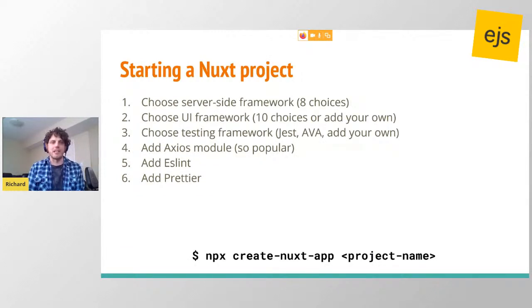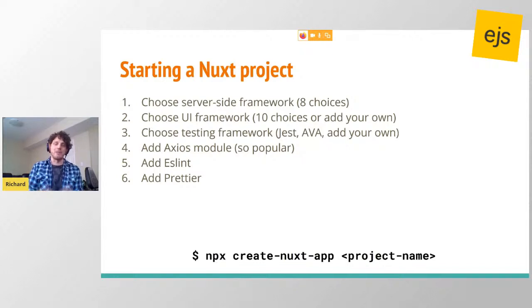Just as an introduction, it felt wrong to not talk about what it's like to start a Nuxt project. So once you have the command line tool, it's a really simple wizard that just steps you through everything. So first, you're going to choose your server-side framework. You have 8 choices to choose from. Then you're going to choose your UI framework.